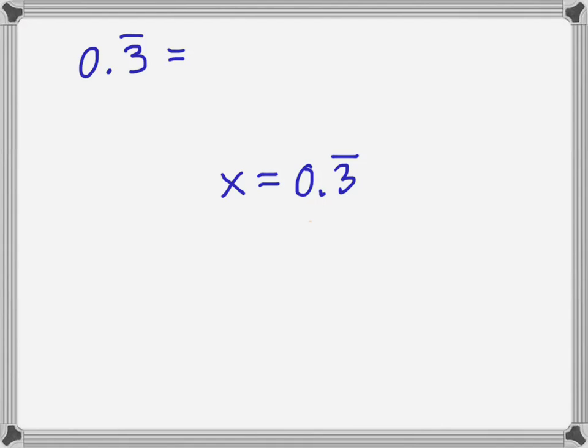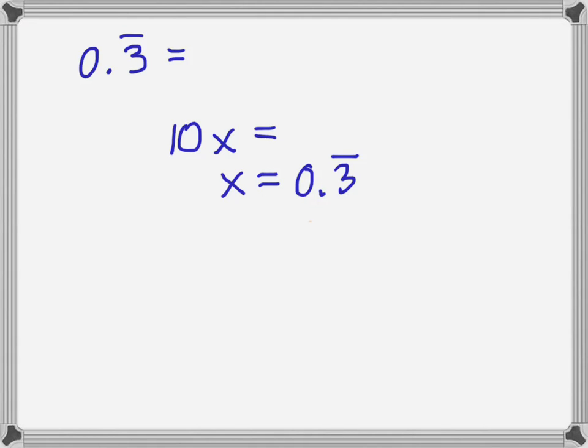Okay. The next step is to multiply x by a power of 10 that has the same number of zeros as the number of digits that are being repeated. I have a bar over one number so that I know that just one number is being repeated in this decimal. So I'm going to multiply x by 10, and I'm going to write that above.